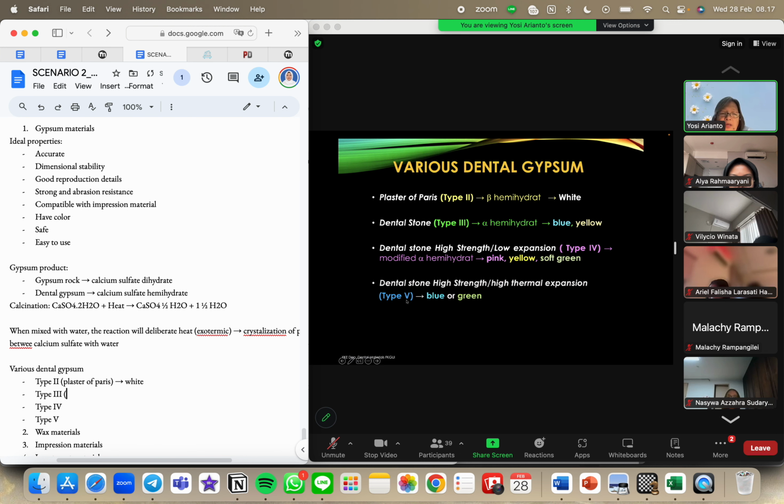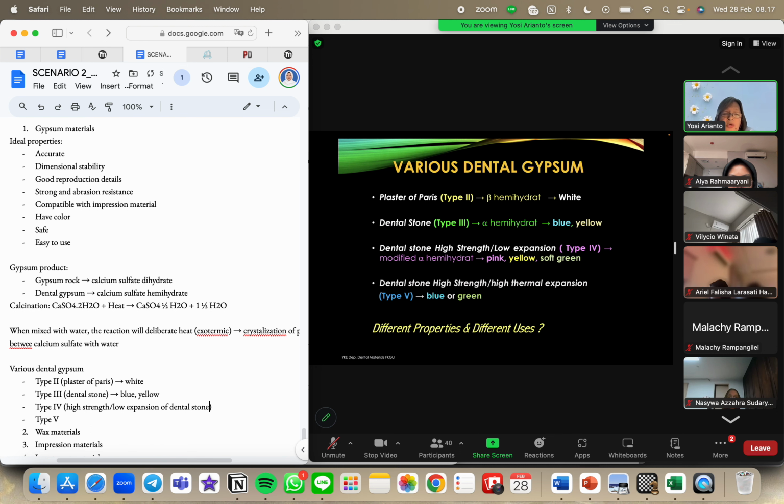And the last one is dental stone, high strength and high thermal expansion. So if we mix, the stone will be very, very strong, but they have a higher expansion than the type 4. This is type 5, and the color is blue or green.